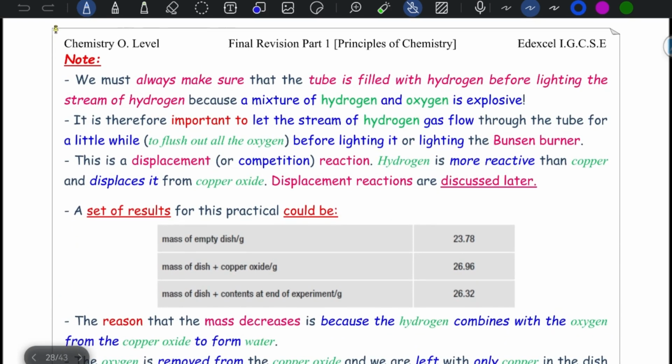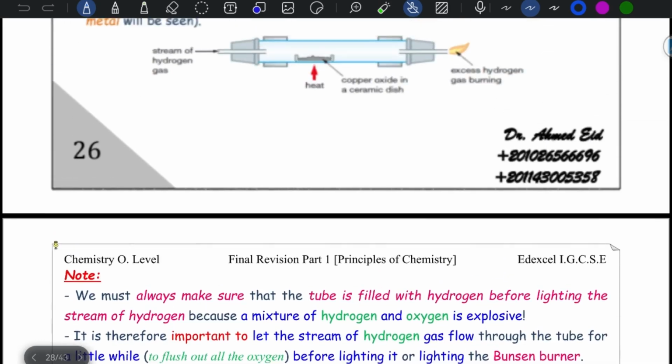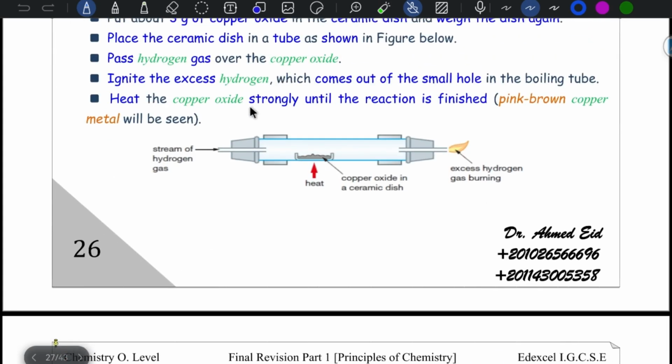Some notes. We must always make sure that the tube is filled with hydrogen before lighting the stream of hydrogen, because a mixture of hydrogen and oxygen is explosive. If you just light or heat with oxygen and hydrogen right here, it may explode.